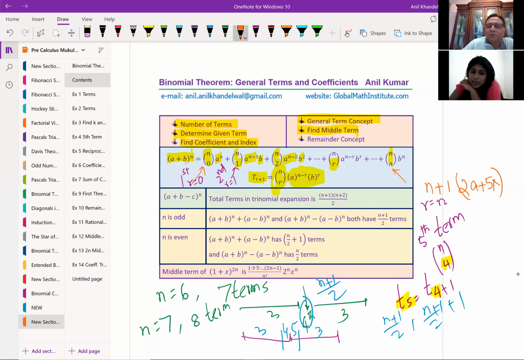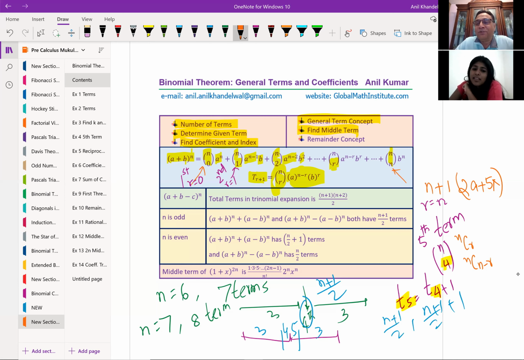Also remember, nCr is the same as nC(n minus r). So there is a symmetry from both sides, which makes it perfectly matching up in many situations. Many times in multiple choice questions, you're expecting nCr as your answer, but amongst the choices, nC(n minus r) is the answer.